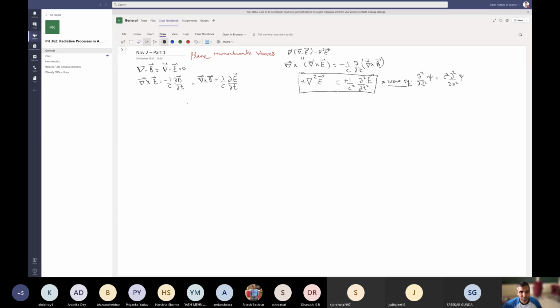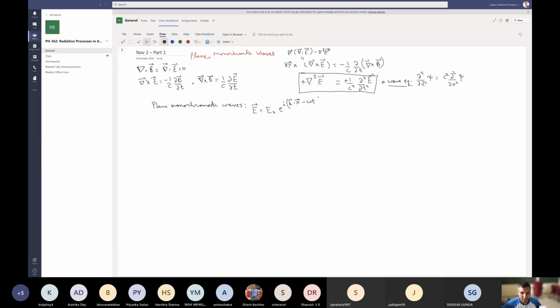One of the special forms of this wave equation are plane monochromatic waves. So what do I mean by plane monochromatic waves? What I mean is that I can write my E as E naught e to the i k dot x minus omega t.